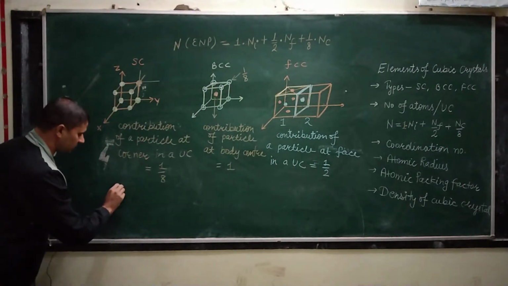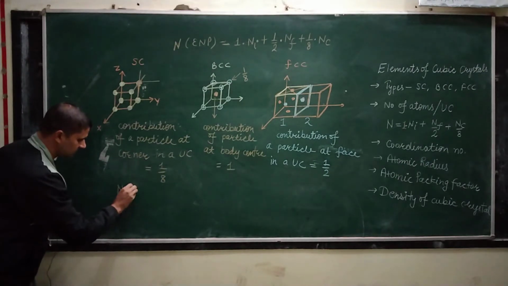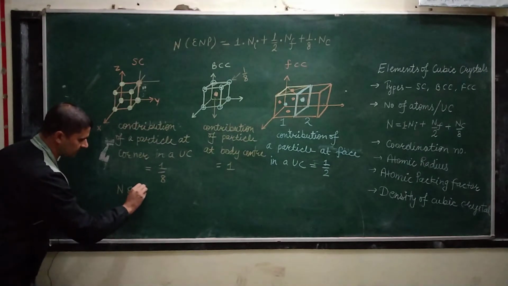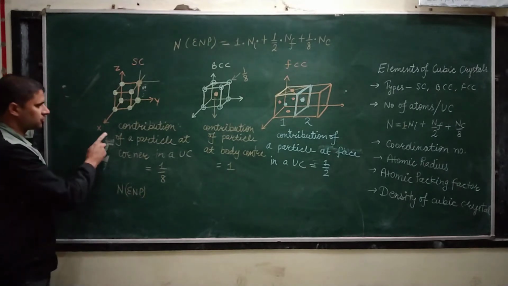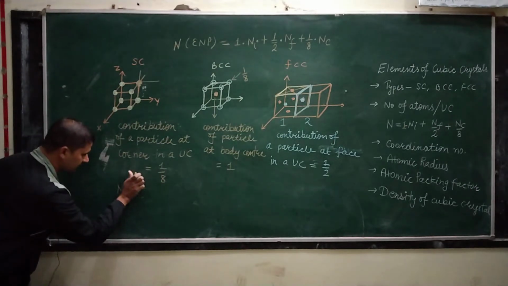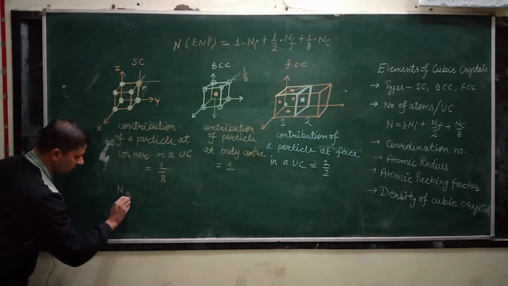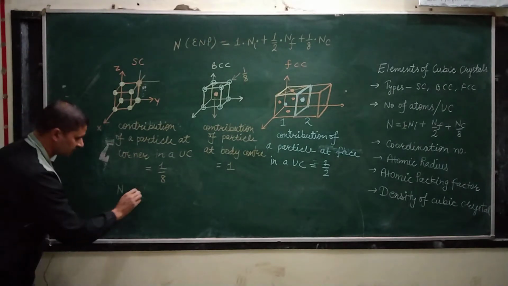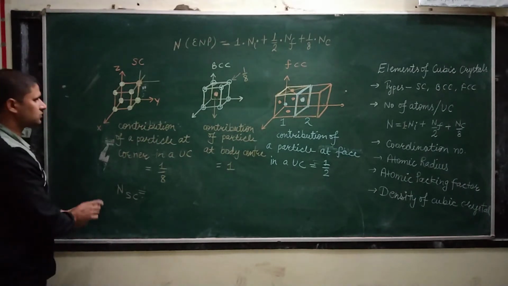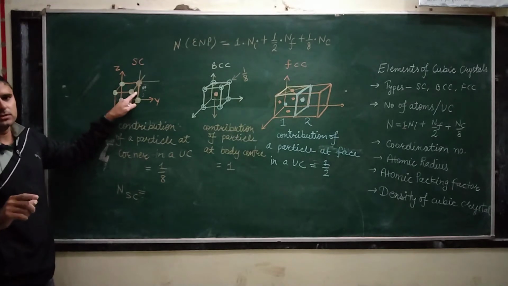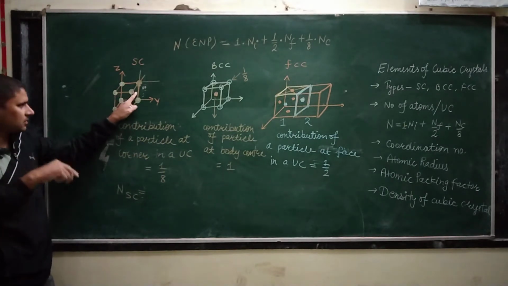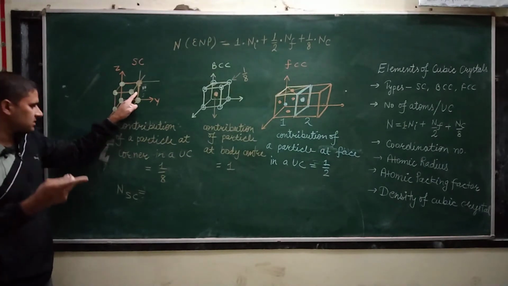Here the effective number of particles, that is n, the number of particles in a simple cubic, is equal to, now see, the particles are present only at the corner. And how many corners are there?